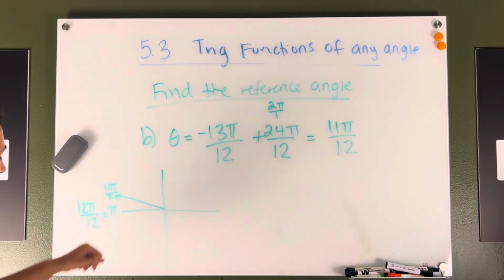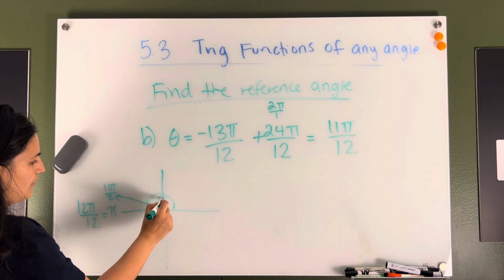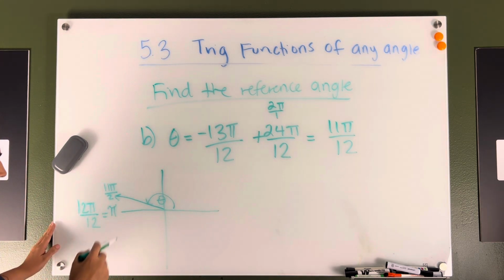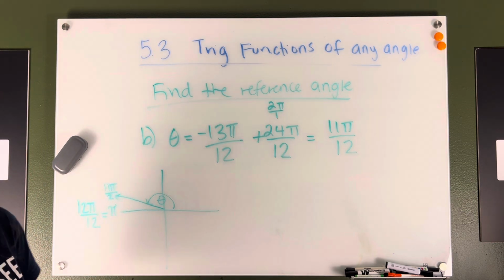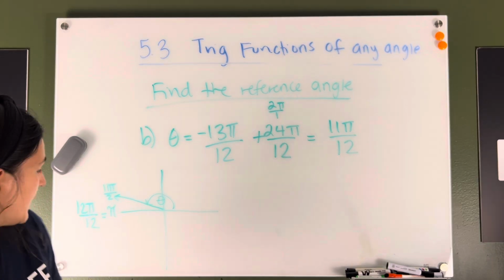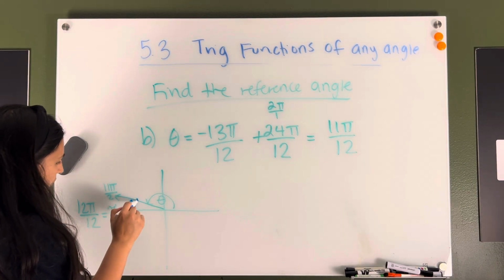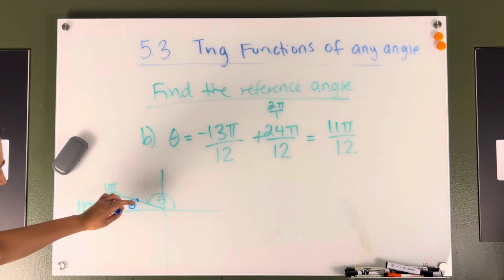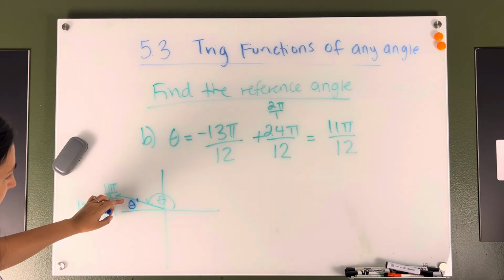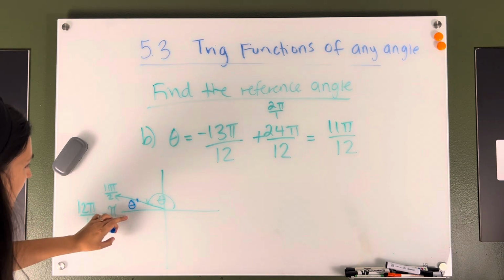Okay, so this is the angle theta formed, and we want to get the reference angle, which is theta prime, the acute angle formed between the terminal side and the x-axis. So how do we get that?